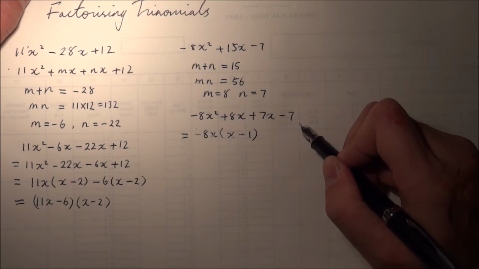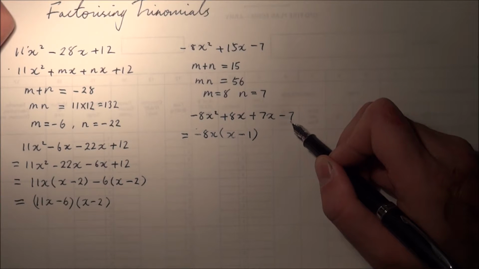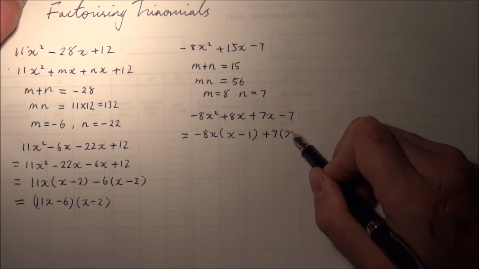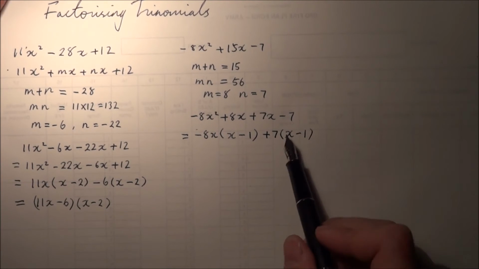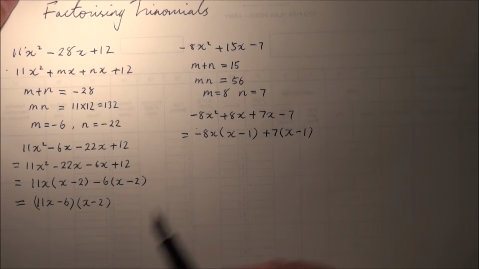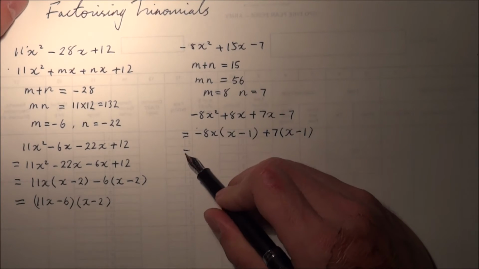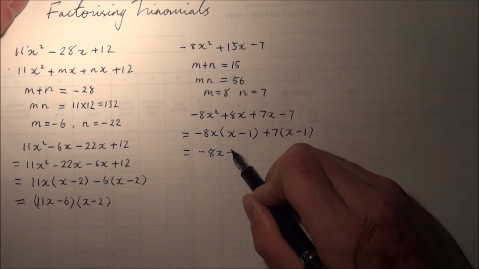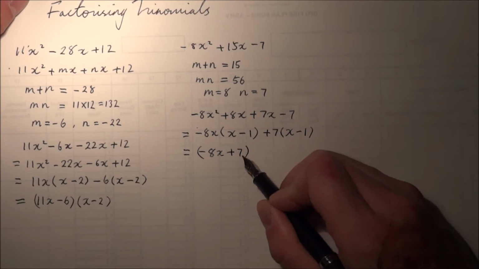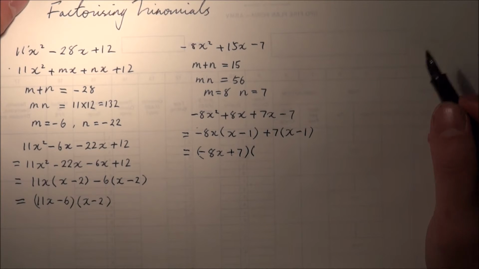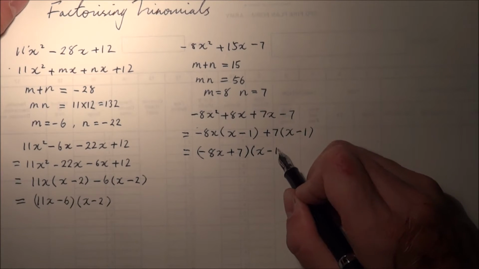And once again, the highest common factor here is 7, so we have extracted the 7 from 7x minus 7, and we end up with negative 8x plus 7 times x minus 1.